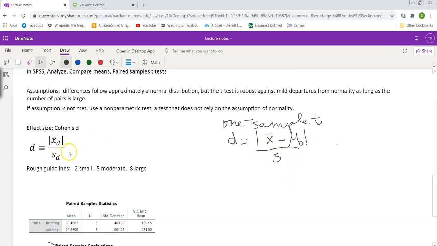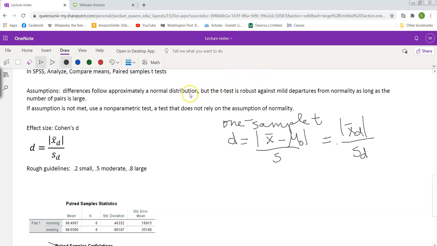That's what this is. It's just that instead of x bar, now this is x bar d. The hypothesized value is 0. And then s is sd. So the mean and the standard deviation are both the mean and the standard deviation of the differences. And then this is 0. So this is the same thing as we saw before. And we've got the same guidelines there, 0.2, 0.5, and 0.8.